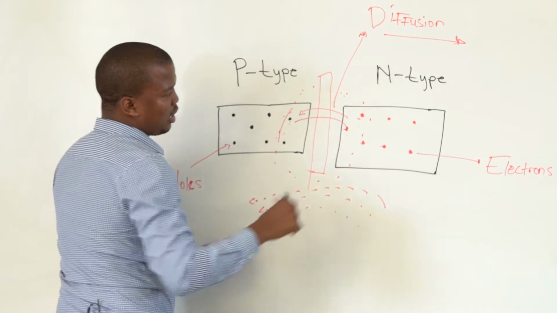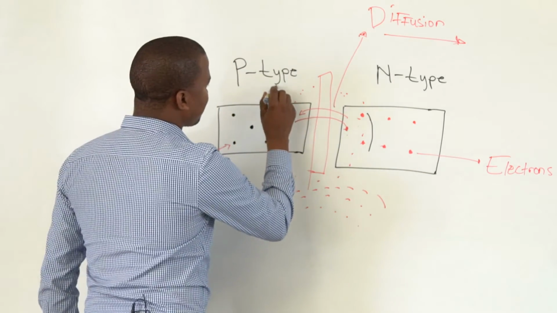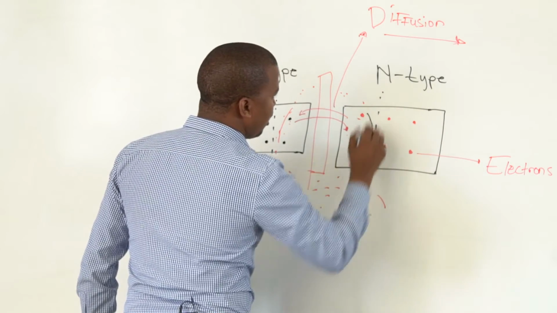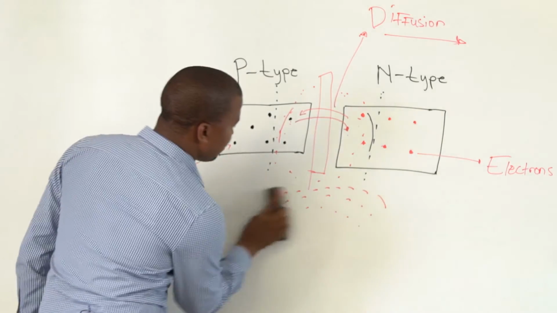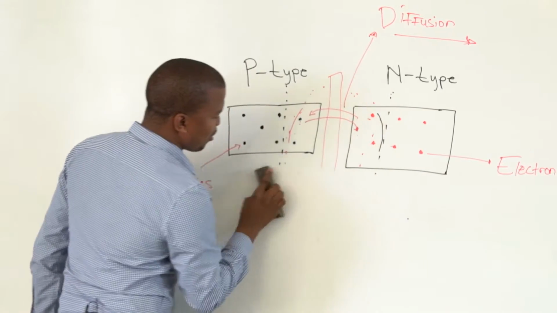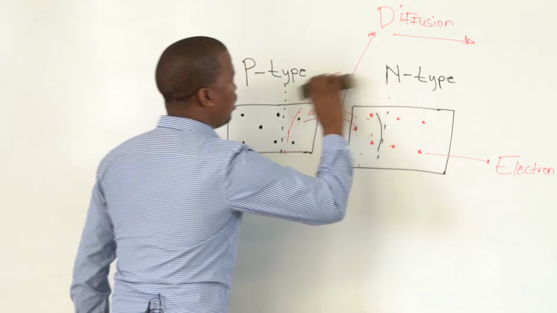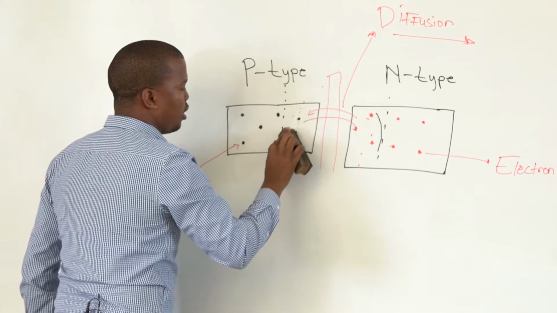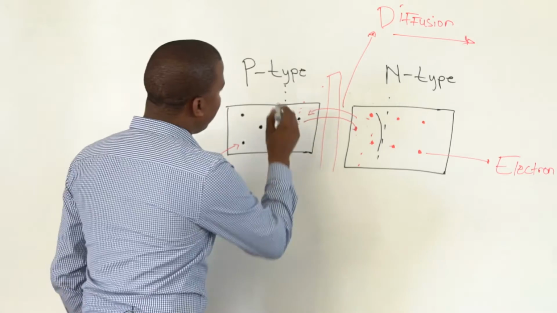Only the ones near the junction will cross, and there will be a layer here. For a better illustration, let me wipe my board. Yeah, for better understanding. There will be a layer here.